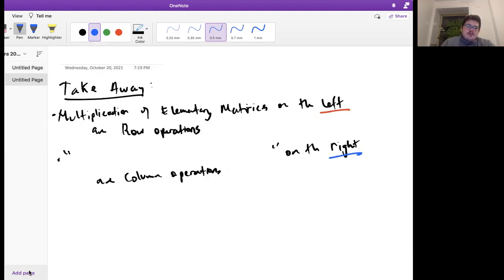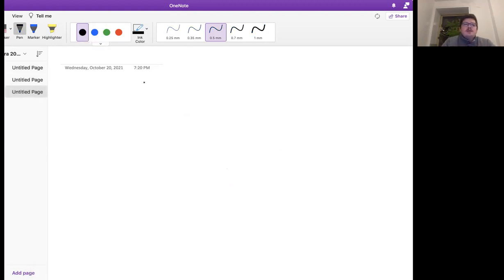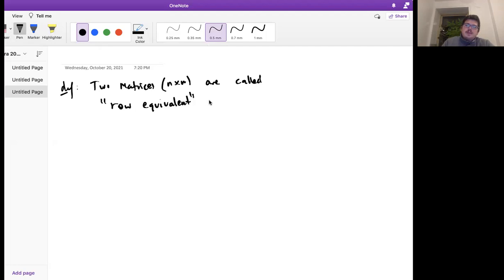Okay, so let's talk about inverses again. Something we want to define is that two n by n matrices are called row equivalent if you can perform row operations to get from one to the other.